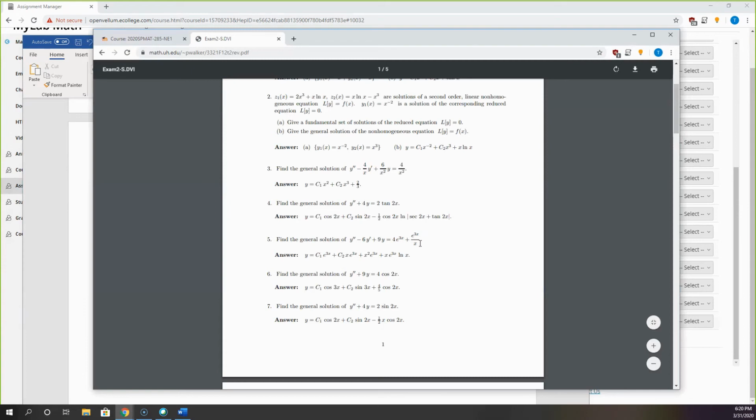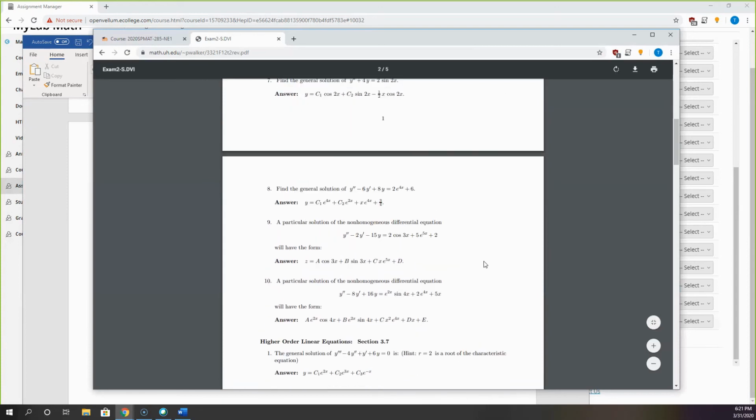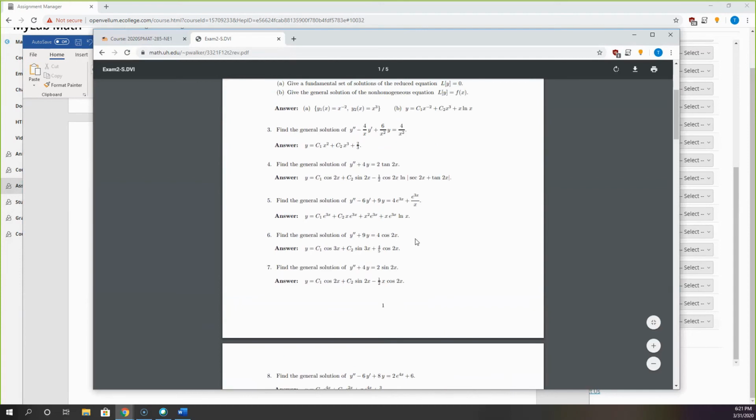This one, though, because of the x in the denominator, you would have to do variation of parameters. And then by the superposition, you would add those two solutions together to get the final solution. So kind of like what you were saying, Emily. If on the right-hand side you had cosine plus sine, you would have to do them separately, and then by superposition add the solutions together. Gotcha.